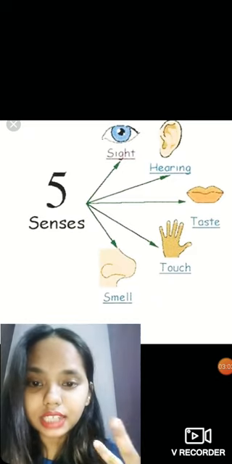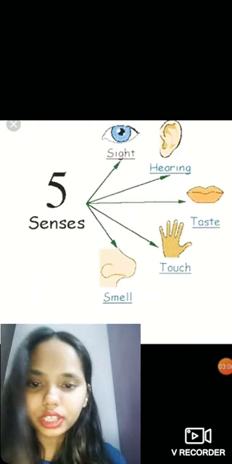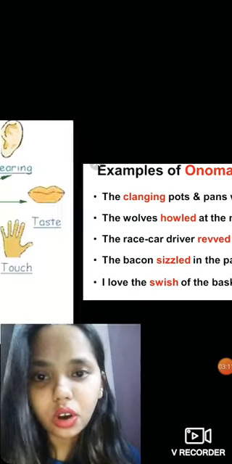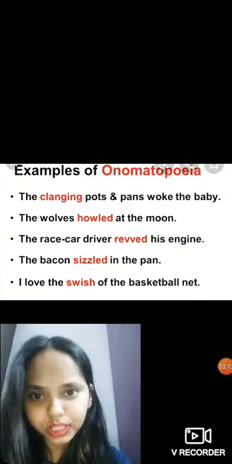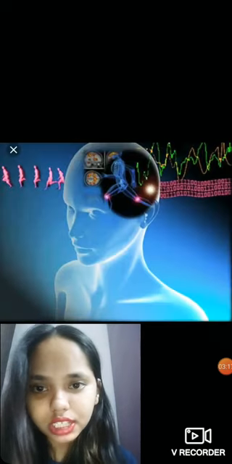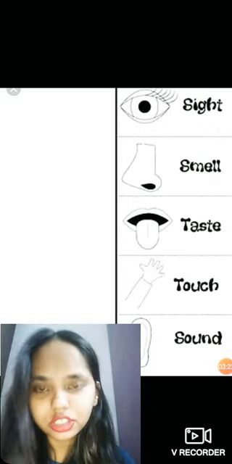Touch is tactile imagery, and then we have the imagery of smell. Then we have onomatopoeia. Students, I hope imagery is clear to you. I'll go further and then I'll check.